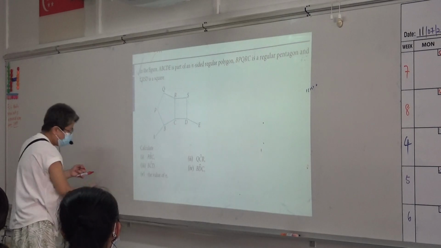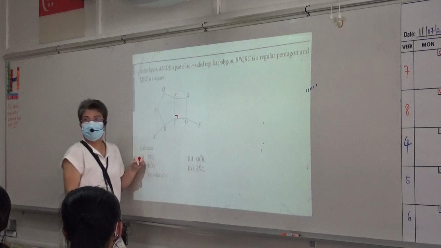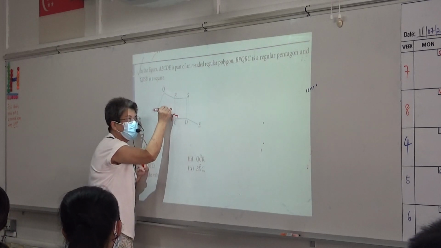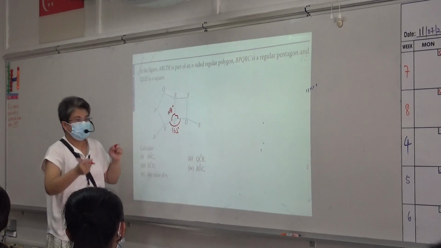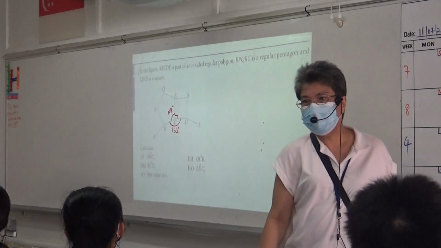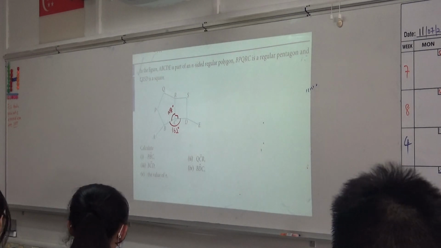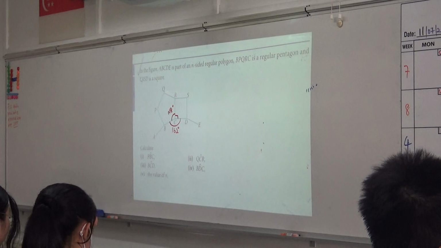Okay. Now, just now I said this is 90, right? This is what? 108. This is what? 162. You add for me again. 108 plus 90 plus 162. What do you get? 360 degrees.